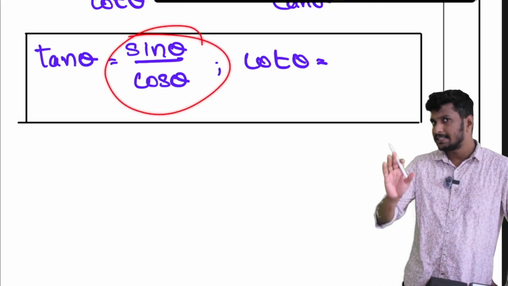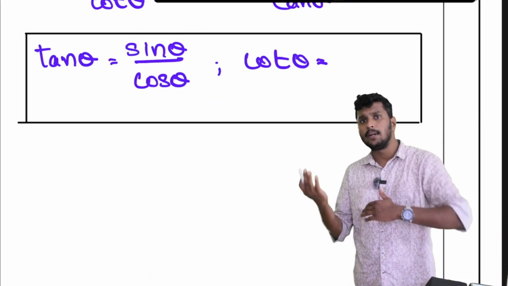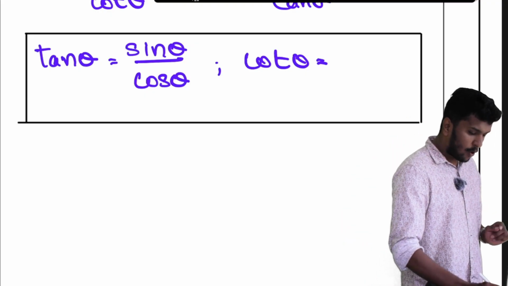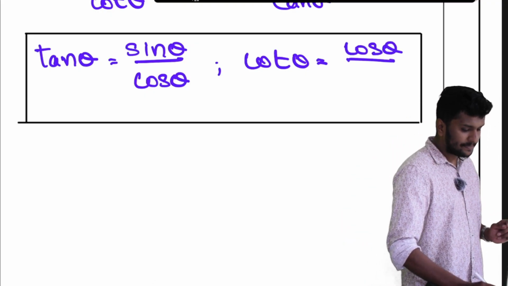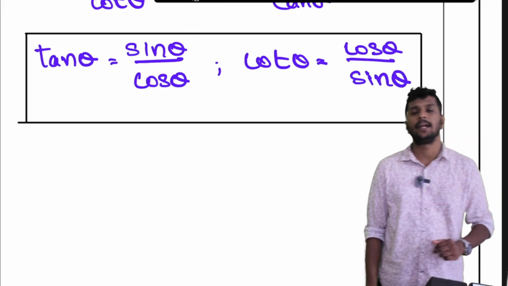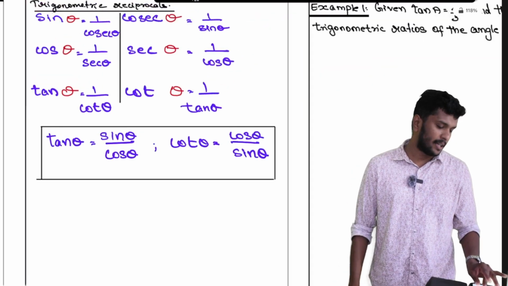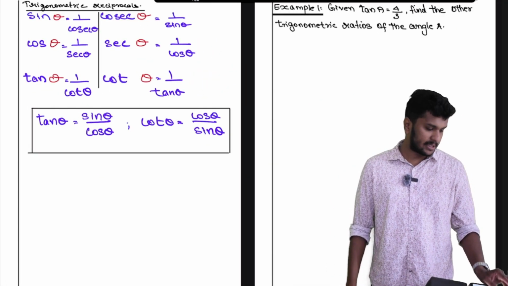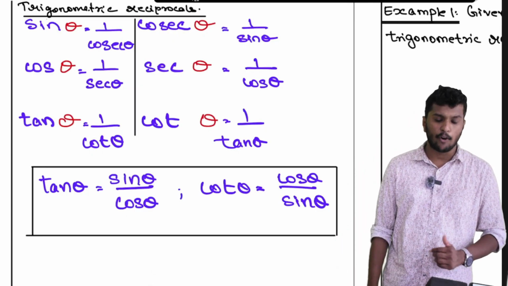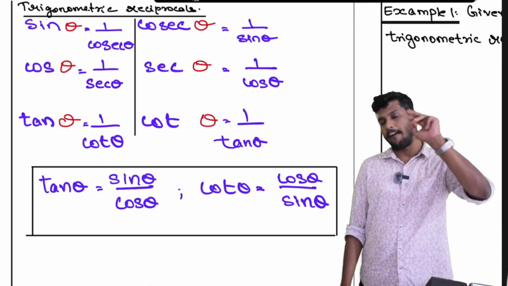Sine theta by cos theta is tan, so reciprocal means upside down. What is it? Cos theta by sine theta. So we have cos theta by sine theta. Very important. You will have to know these 6 trigonometric reciprocals and the special formula for tan and cot.